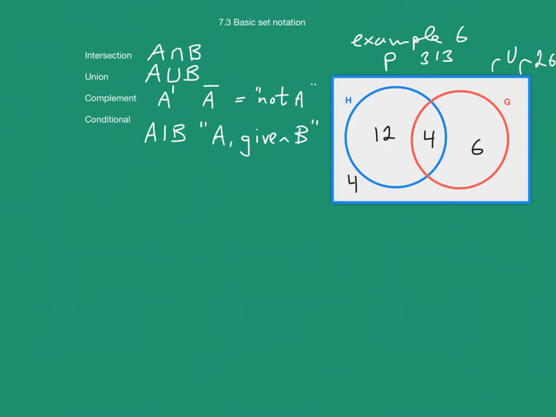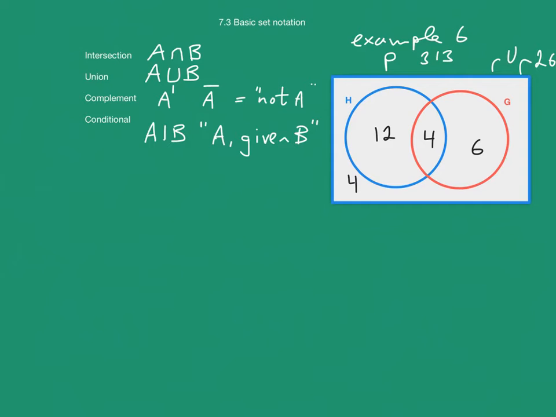Okay, so we don't want the intersection. We want everything around it. And that includes everything outside of the 2 sets as well. So the rest of the universal set. Not the intersection. So we color in everything except the intersection itself.